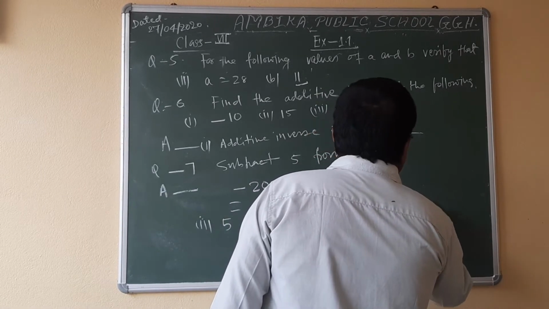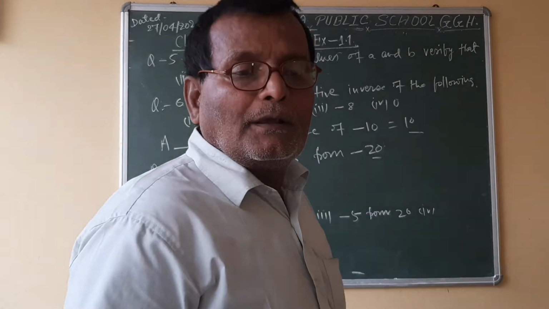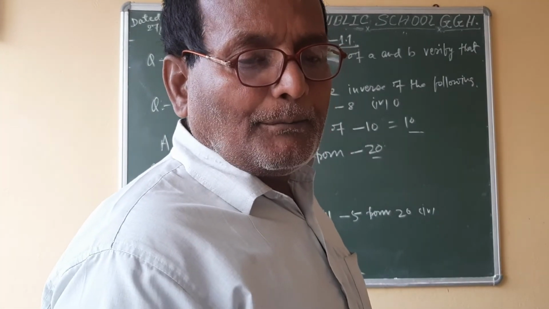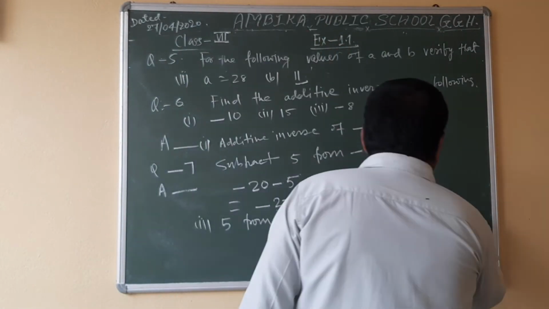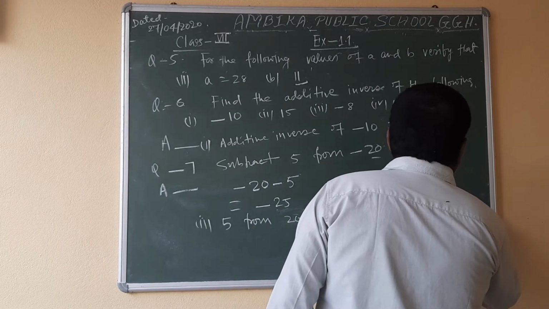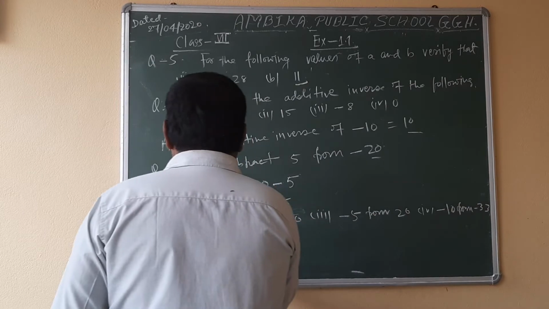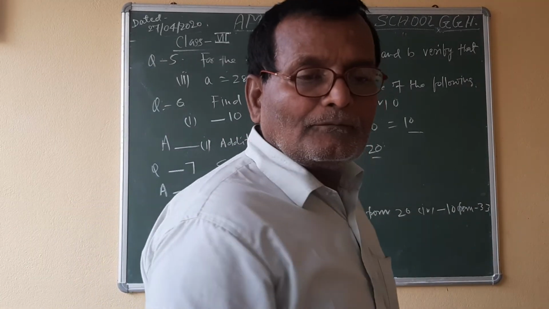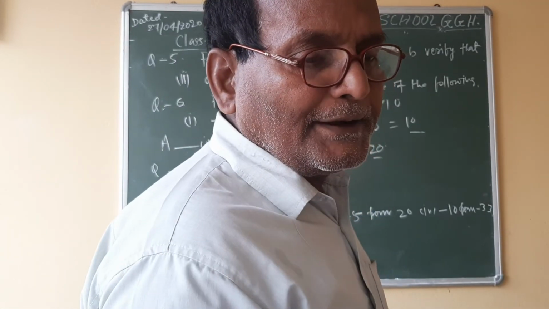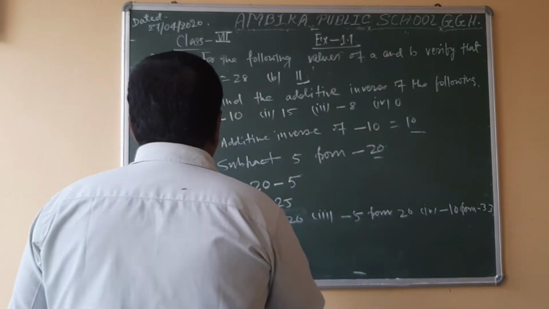Number 3: subtract minus 10 from minus 33. Number 4: subtract minus 200 from minus 300.